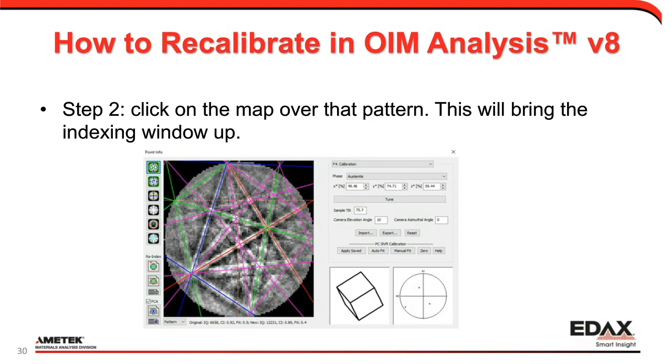The Z star is essentially the distance between my sample and my phosphorus screen. This is our scaling factor: when my pattern is formed, it radiates out as a sphere. That sphere hits an object and hits our phosphorus screen. That distance changes with our scaling. As I'm closer to my phosphorus screen, I see more. As I'm further out, I see less.